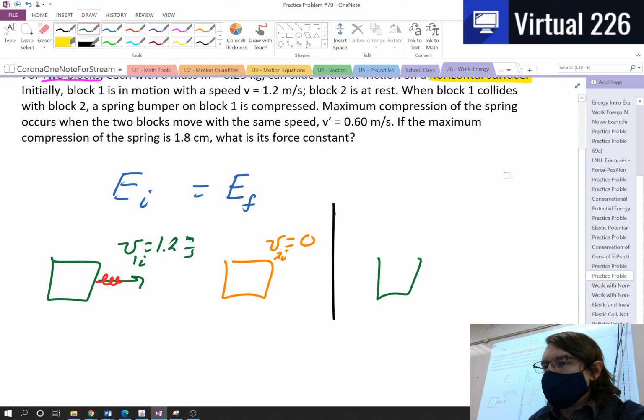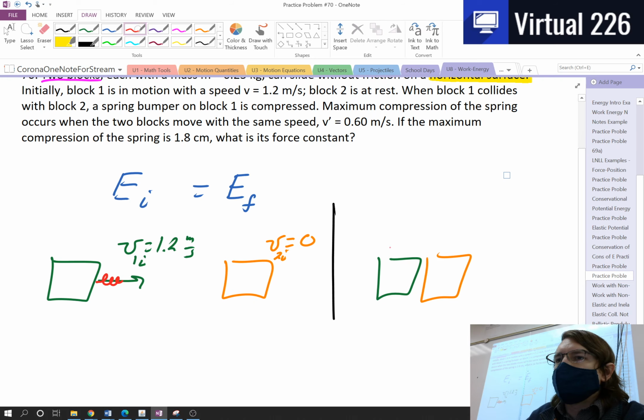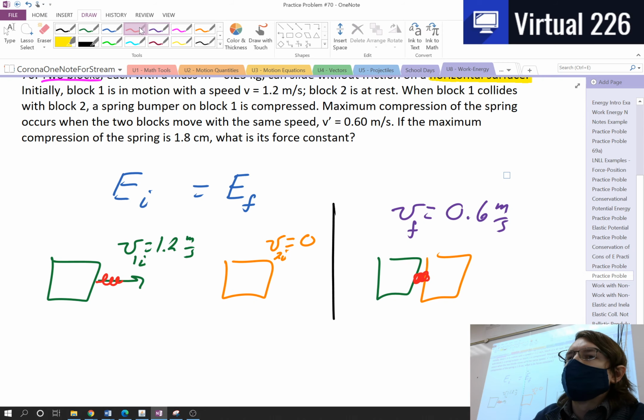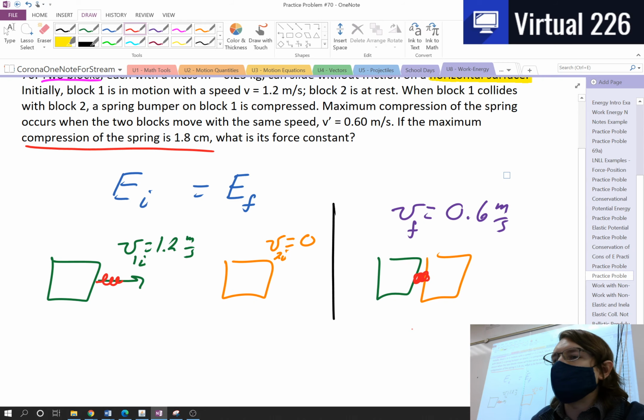So block 1 and block 2 are both going to move with some final velocity of 0.6 meters per second. The max compression of the spring is 1.8 centimeters, so that's 0.018 meters.